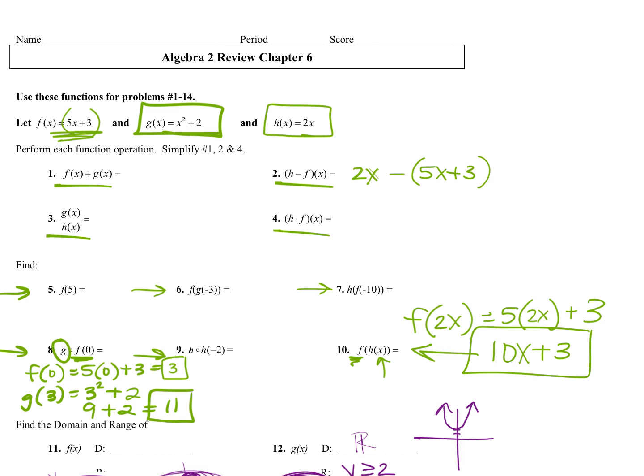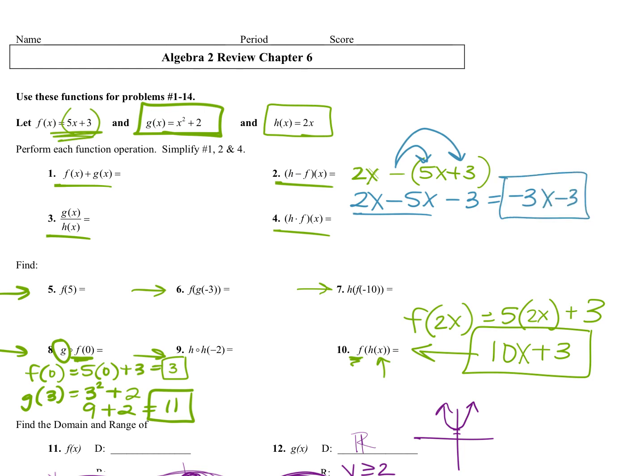When you subtract that, what happens? Distribute that, minus 5x and minus 3. Okay, so it's 2x minus 5x minus 3, which is negative 3x minus 3. And that's as simplified as you can go.